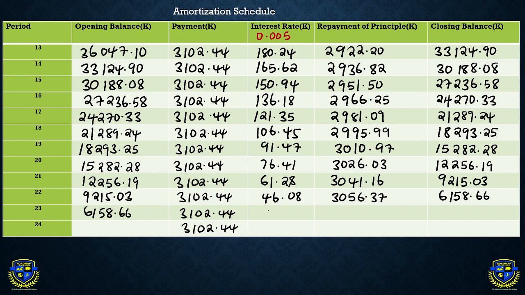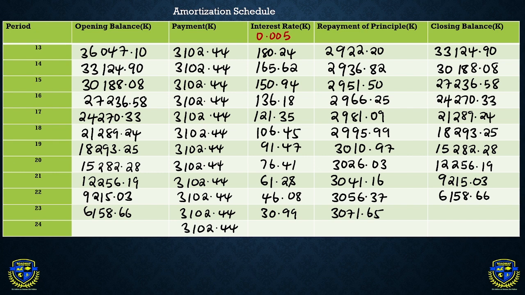That is going to give us a 30.99, such that when you subtract it from 3,102.44, it's going to give us 3,071.45.